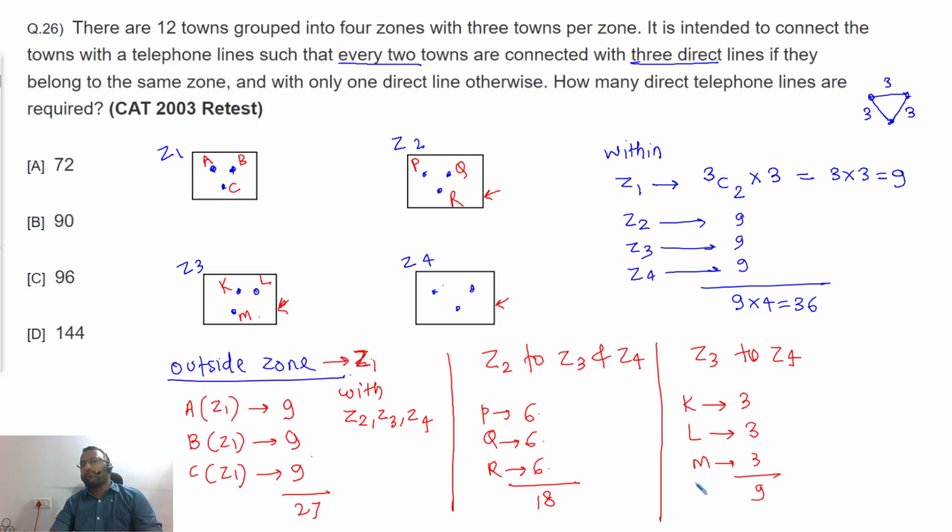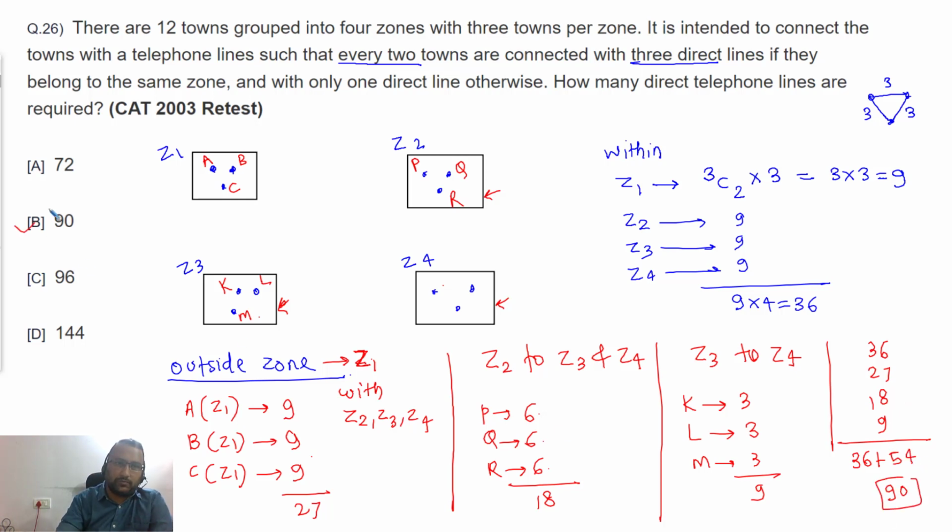Now zone 4 is already connected with zone 1, zone 2 and zone 3. So the total number of direct lines that we need is 36, 27, 18 and 9. This addition is equal to how much? 36 plus 54, that is equal to 90, which is the final answer to this question.